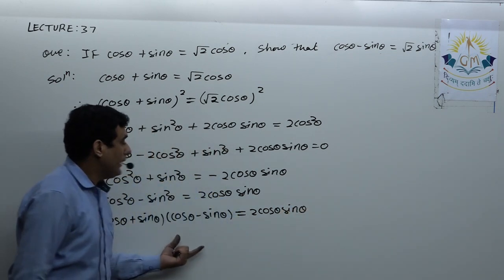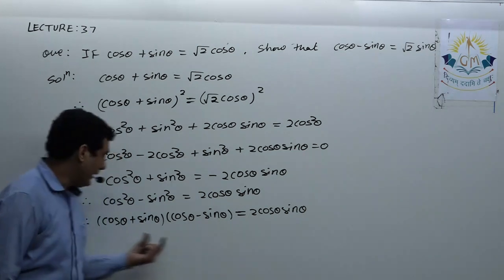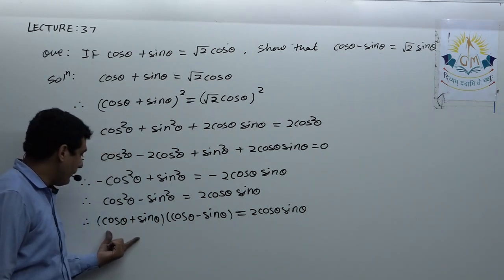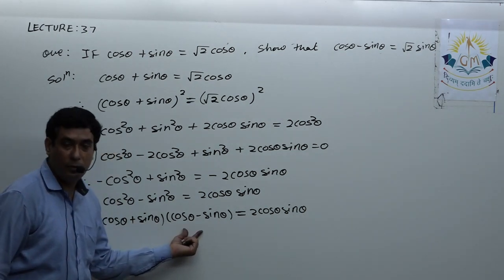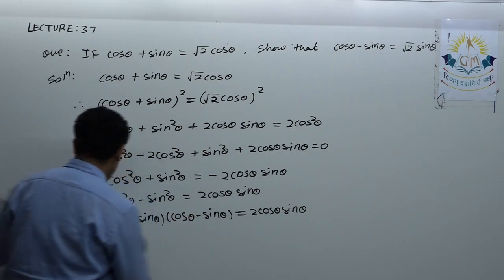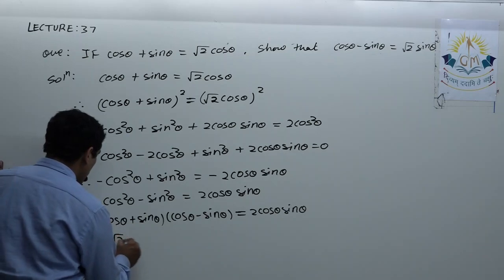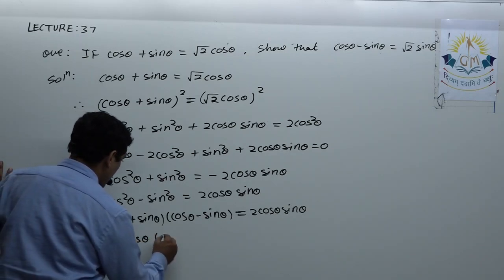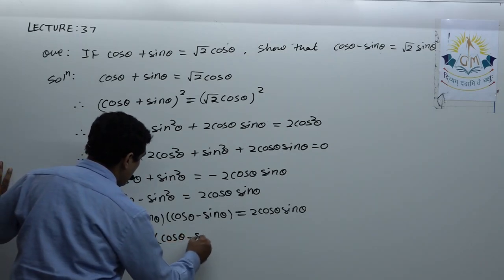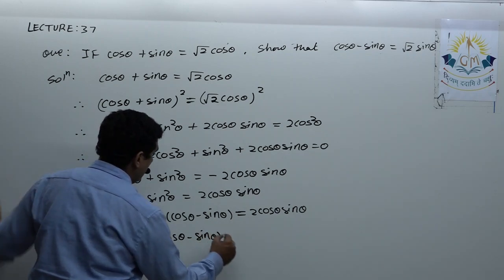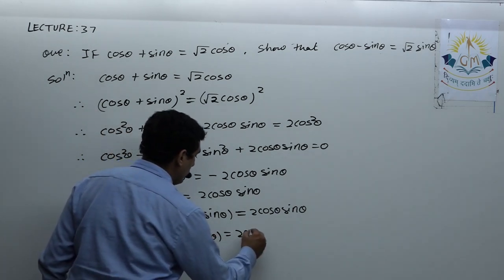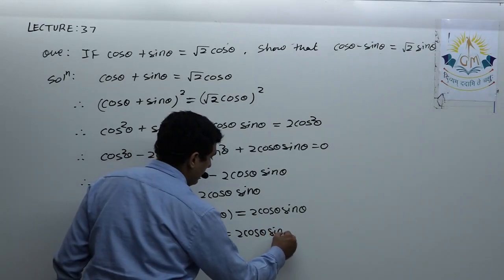Now what I need is cos theta minus sin theta, and I have the value of cos theta plus sin theta. So if I put the value of this, it is root 2 cos theta multiplied by cos theta minus sin theta is equal to 2 cos theta sin theta.